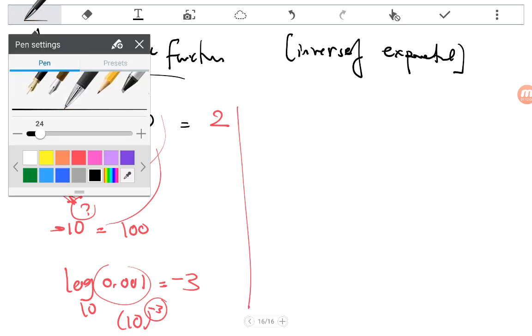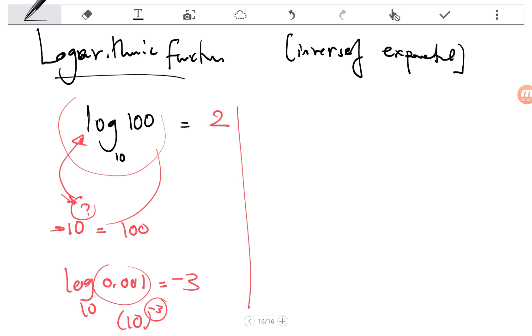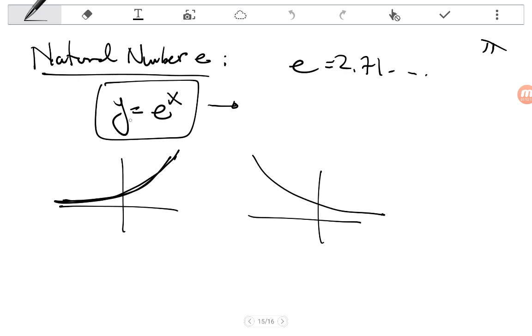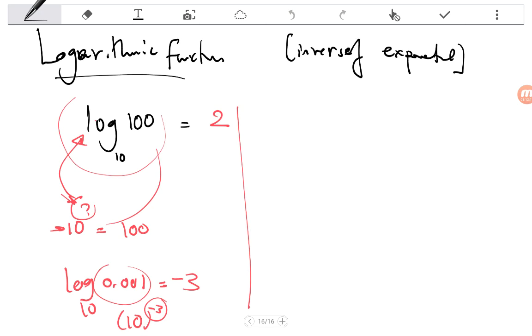Now, as well, the most important base for the exponential function was e, the natural number e. And so the most important logarithmic function will be called the natural logarithm, which is denoted by ln.